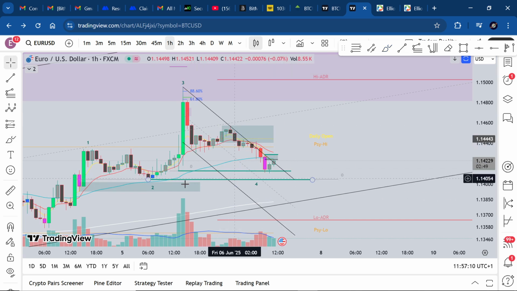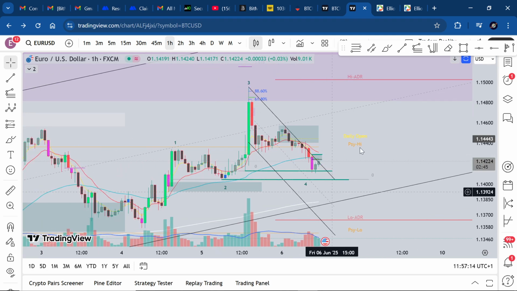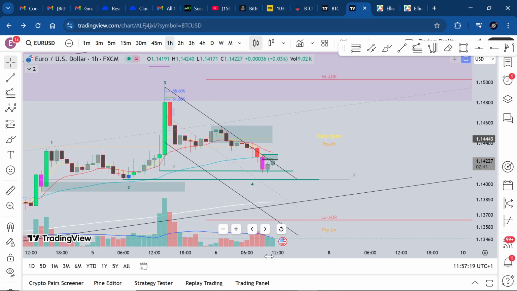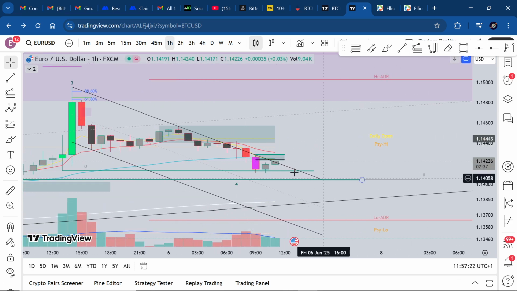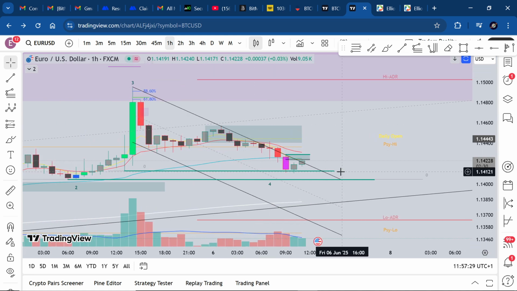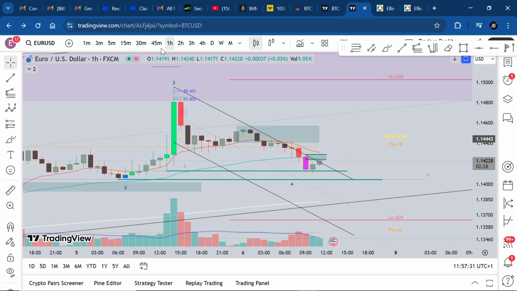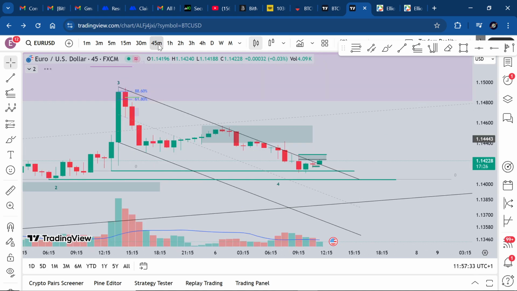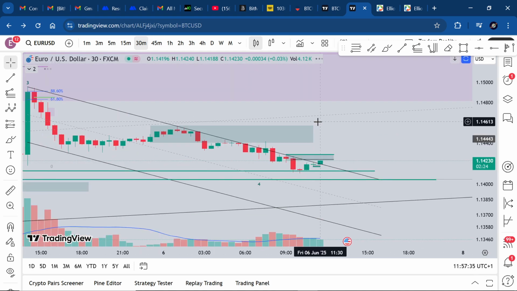We have grabbed liquidity into our point of interest in bullish structure, and we should continue going to the upside from here. We'd like to see this hour candle, if not then the next hour candle, have higher volume than the previous candle. Or that could already be happening on the smaller time frames, like the 30-minute time frame.